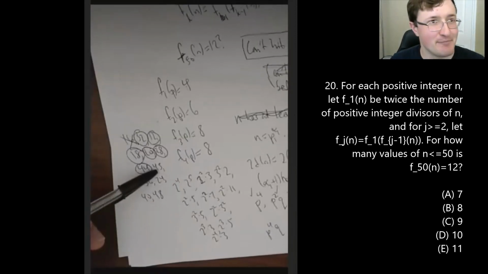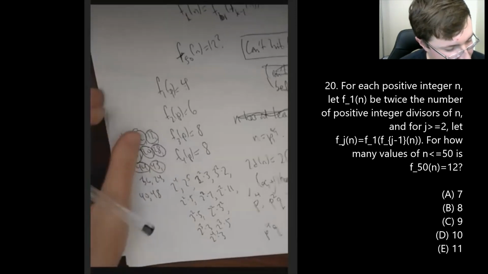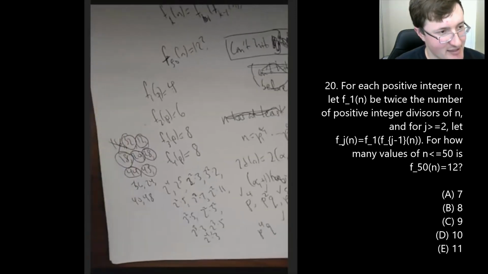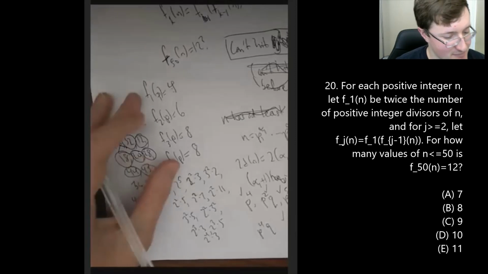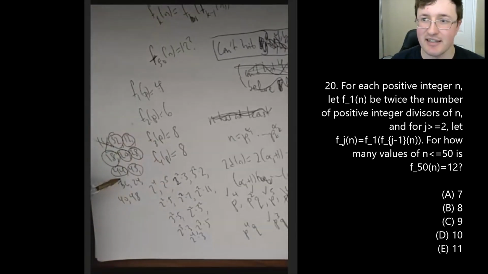45 is 3 squared times 5. Yeah, that also works. 36 is the sum of those divisors. 2 squared times 3 squared has 9 divisors. 9 has 3 divisors, so I multiply by 2, I get to 6.